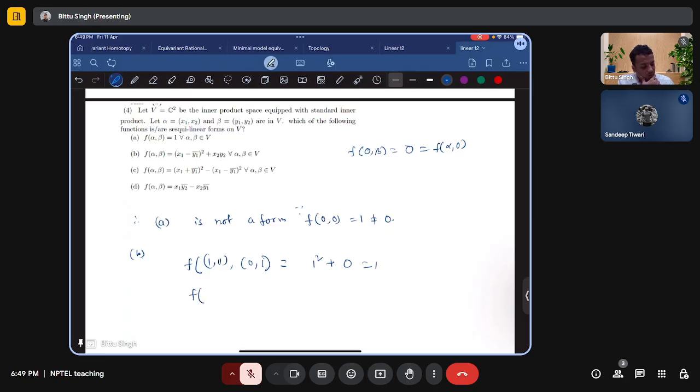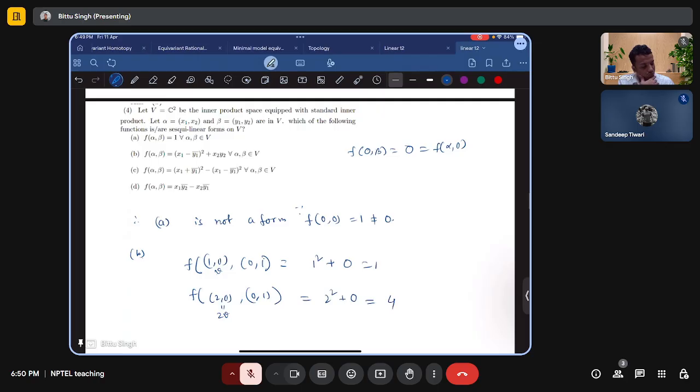But now if we take f of 2, 0 comma 0, 1, so if this is v, this is actually 2 times v. Now this is the same as x1 minus y1 bar, which is 2 square plus 0, which is 4.